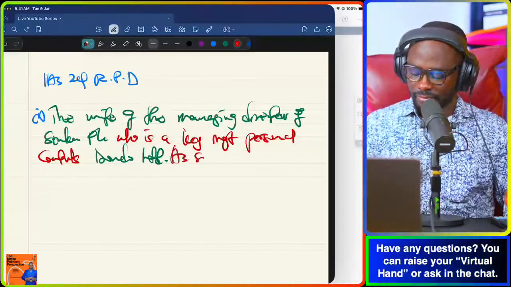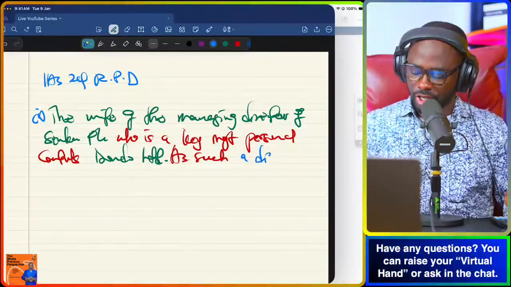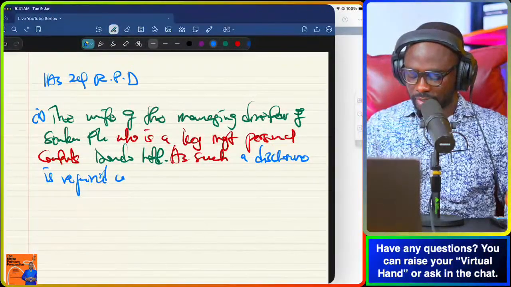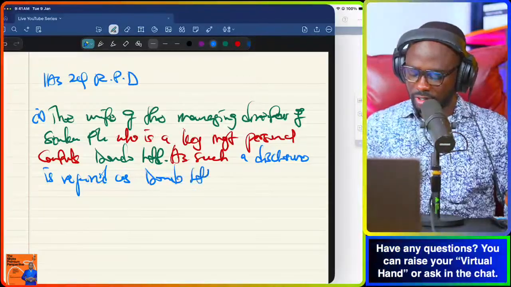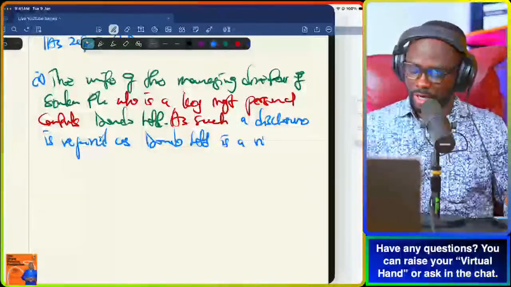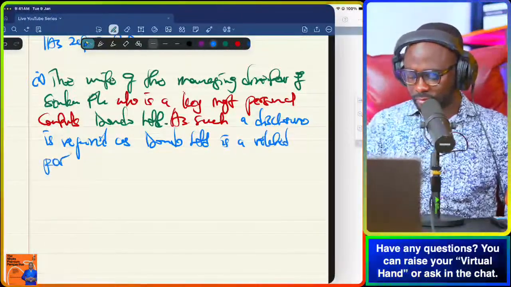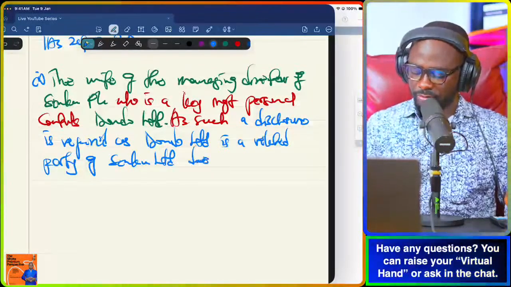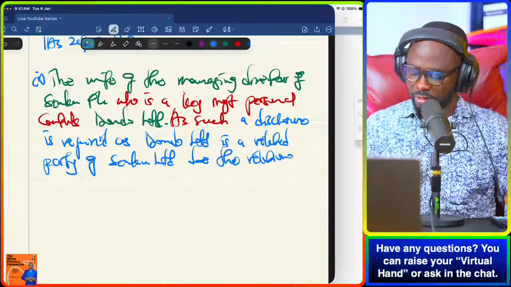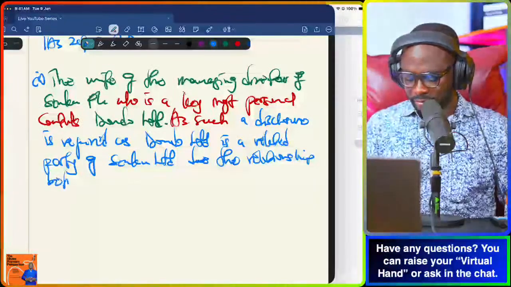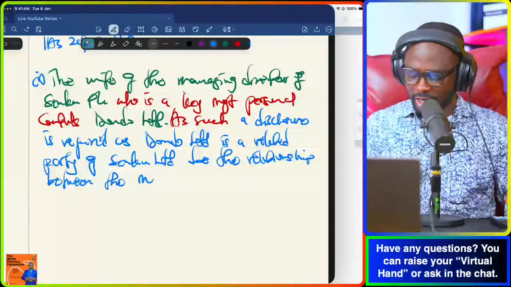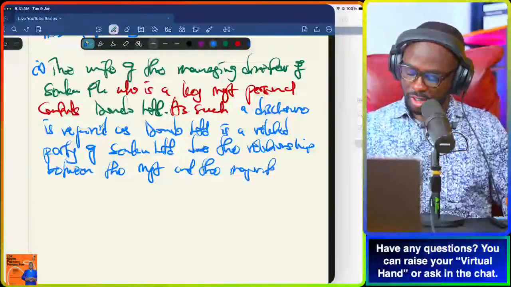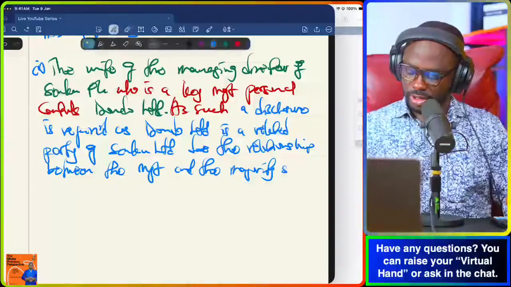As such, a disclosure is required as Dondo Limited is a related party of Senku Limited due to the relationship between the managing director and the majority shareholder. Something like that.